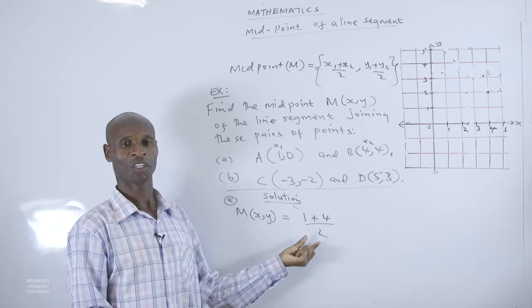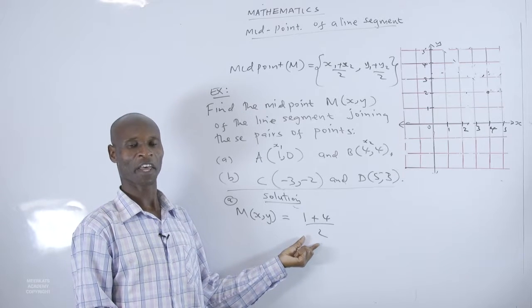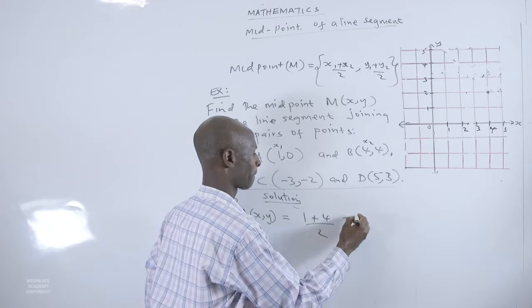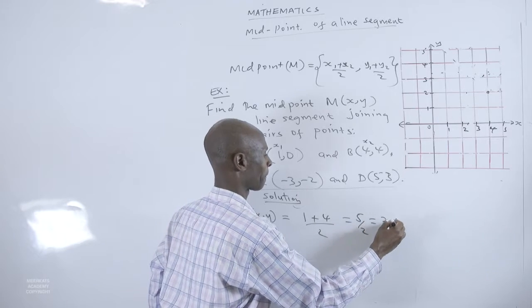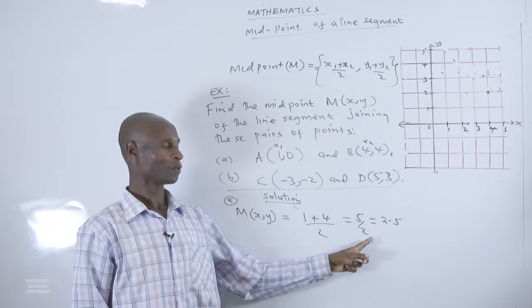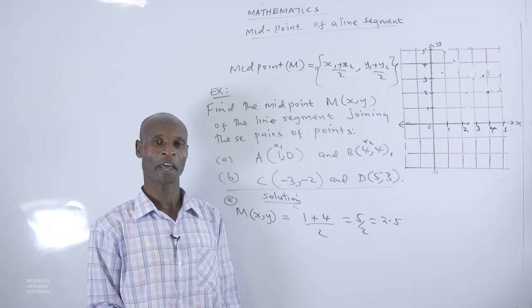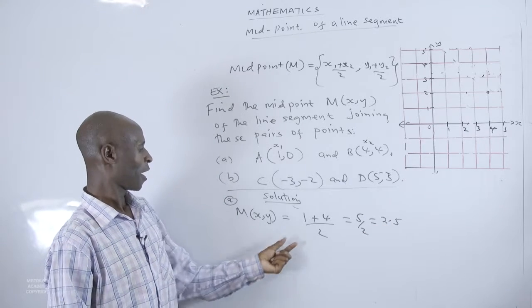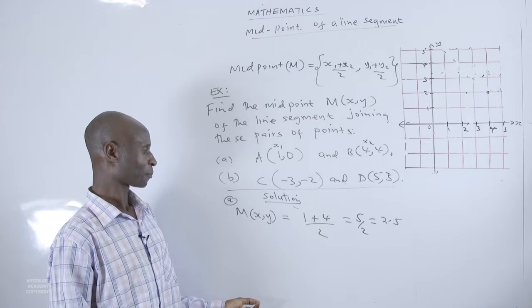That is the average of the x coordinates of the endpoints. 5 divided by 2, and the result is 2.5. That is the x coordinate.